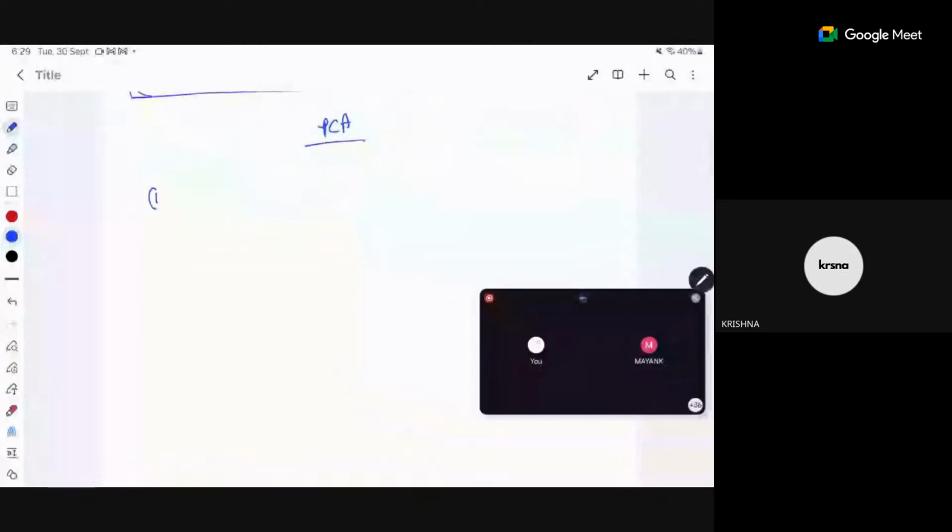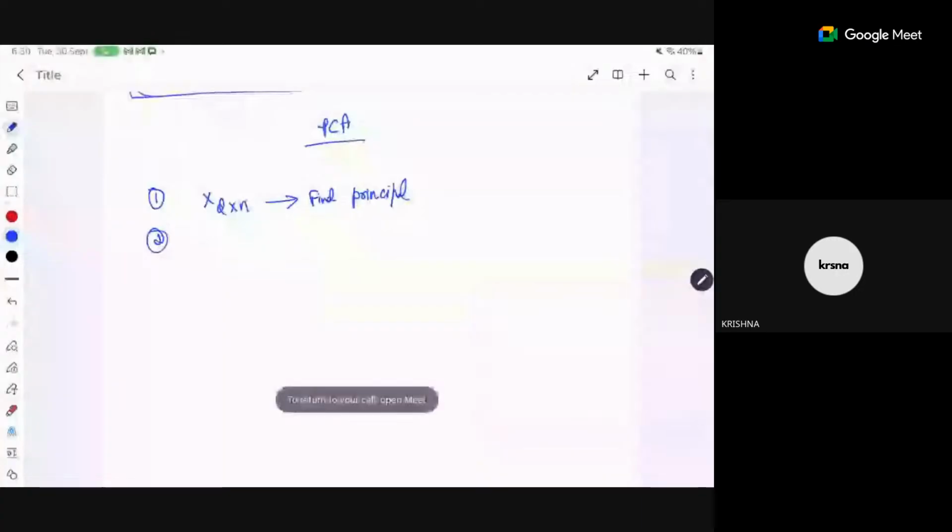The very first thing was we had our data set in D cross n dimension. What were we doing next? Once we have the data set, we wanted to find the principal components.